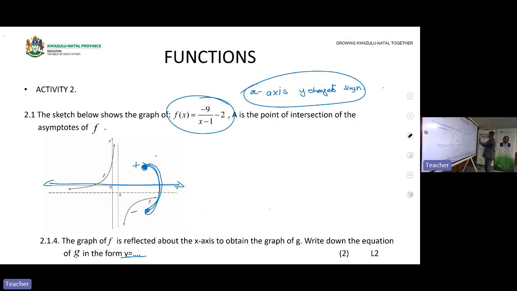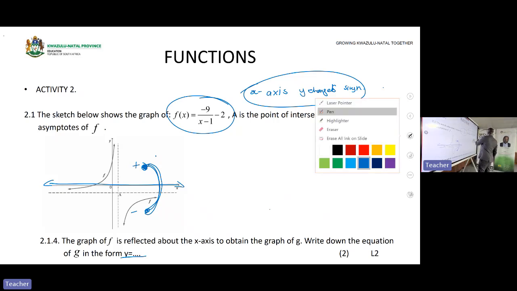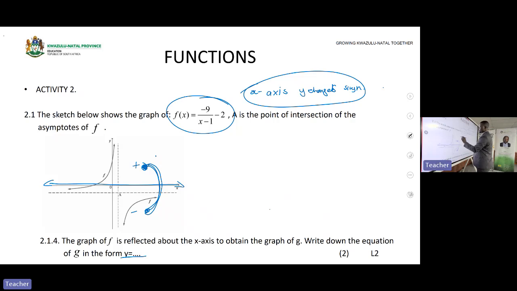When you reflect something about the y-axis, this line y becomes your mirror.